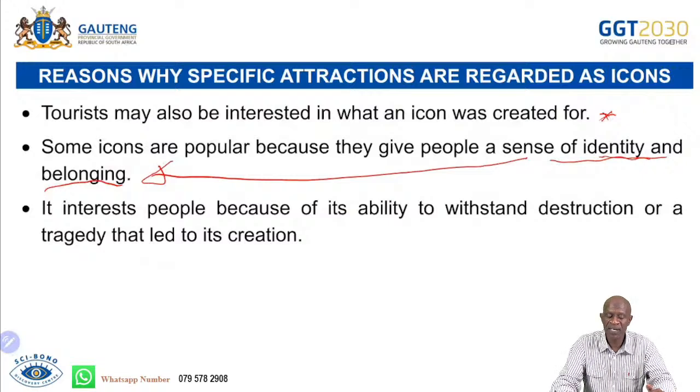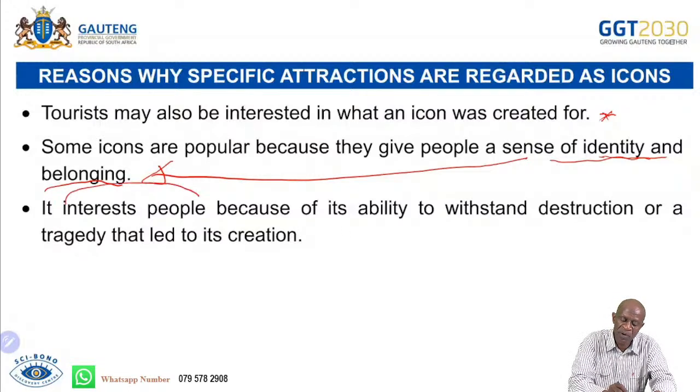It interests people. So the "it" here we're referring to is an icon. It interests people because of its ability to withstand destruction or a tragedy that led to its creation. So it stands against all odds. So that makes it a tourist icon, because many people are interested in knowing how the icon managed to withstand the destruction.